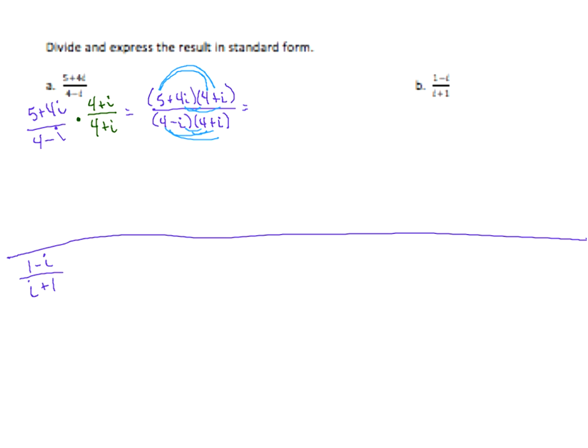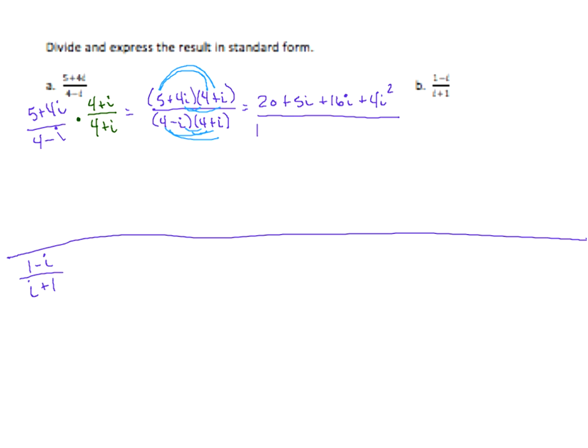And I get 5 times 4 is 20. 5 times i is positive 5i. 4i times 4 is positive 16i. And 4i times i is positive 4i squared.